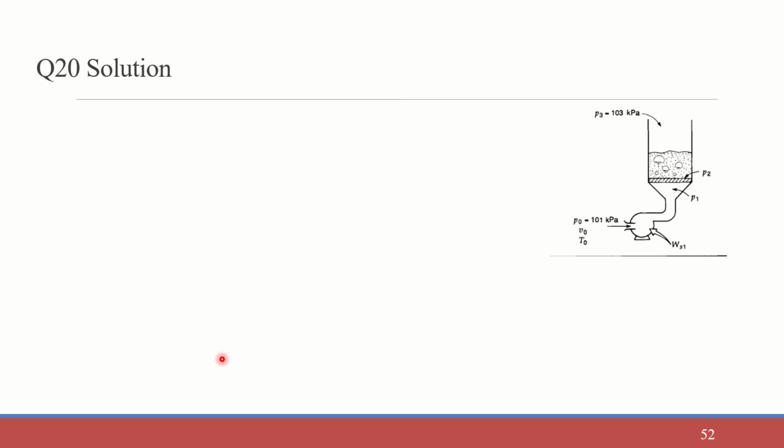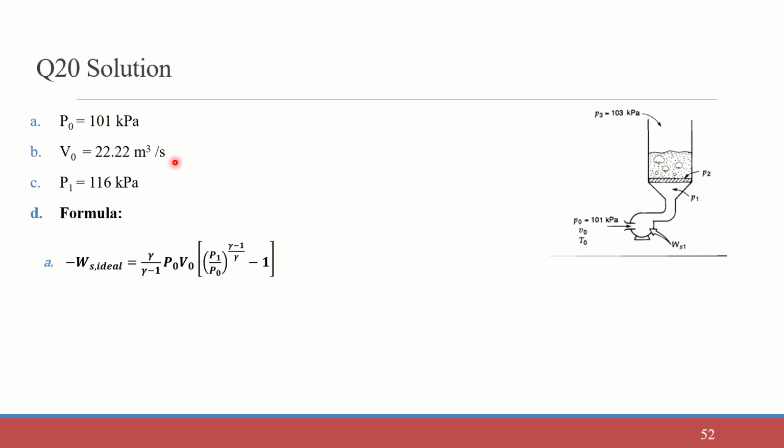Now we are going to P naught. We know P naught is 101 kilopascal, P1 is 116 kilopascal, and V naught is 22.22 meter cube per second.